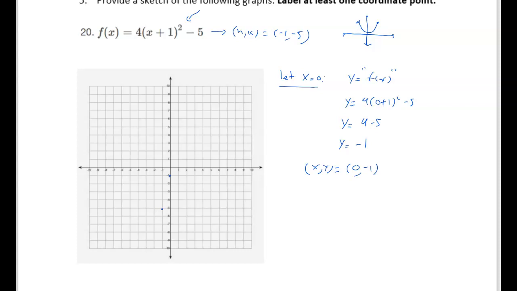Now on these graphs, all I want is a basic sketch, so it would have been sufficient to do the h comma k and then mimic the parent graph. So on our graph, we're going to have a parabola going through these points. And as long as you have a u and you provide the actual coordinate points, in this case, 1 would have been sufficient.